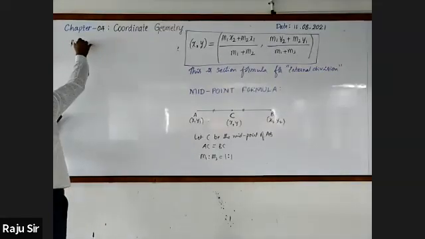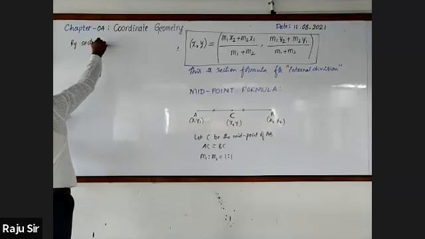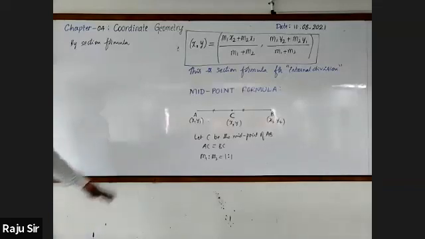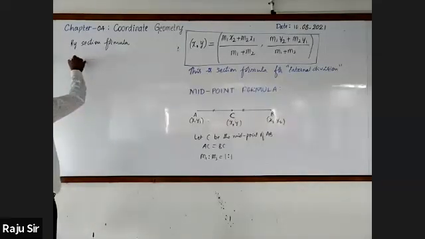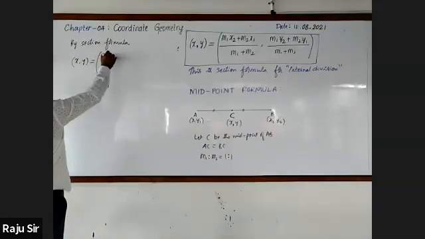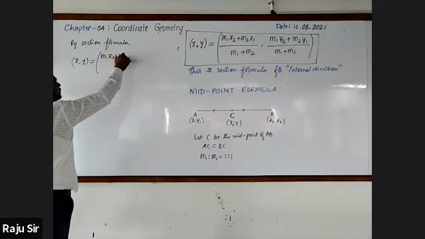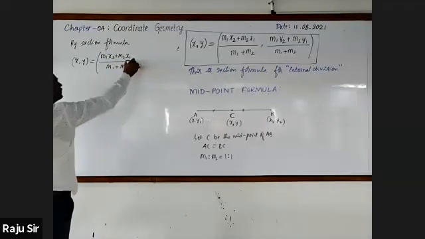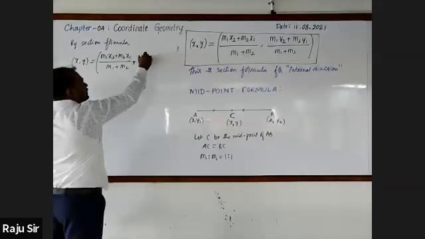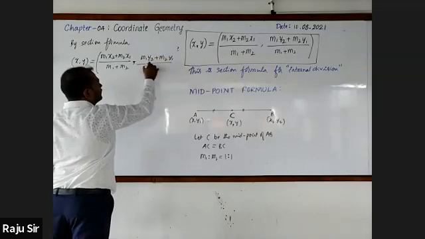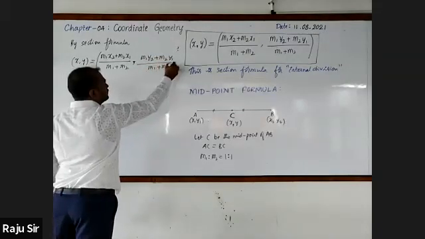By section formula, x comma y is equal to, please go on writing with me, m1 x2 plus m2 x1 by m1 plus m2, comma, m1 y2 plus m2 y1 by m1 plus m2.